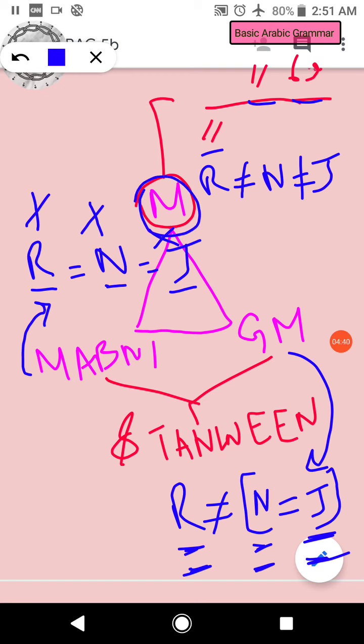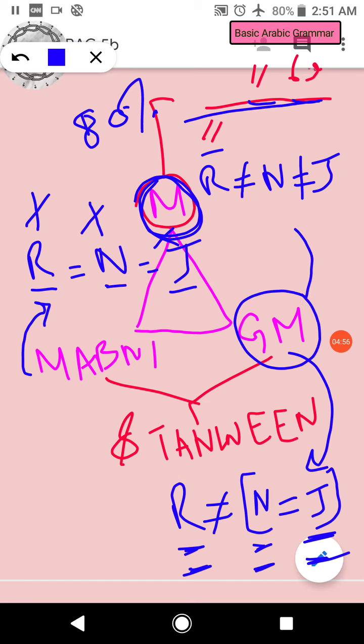This group, the Munsarif Asma, the ones that carry Tanween, form the majority of the Asma, about 80% of all the Asma in Arabic. The Ghair Munsarif Asma are about 15%, and the remaining ones are Mabni.